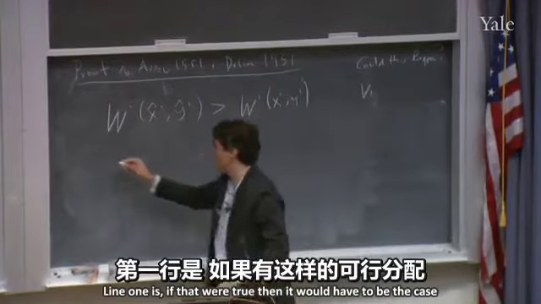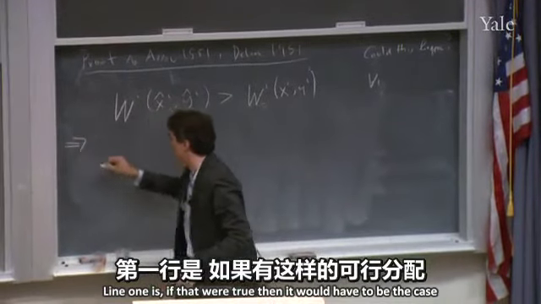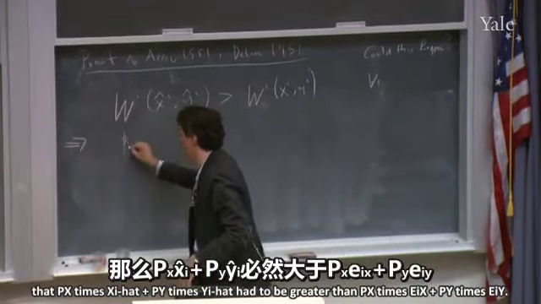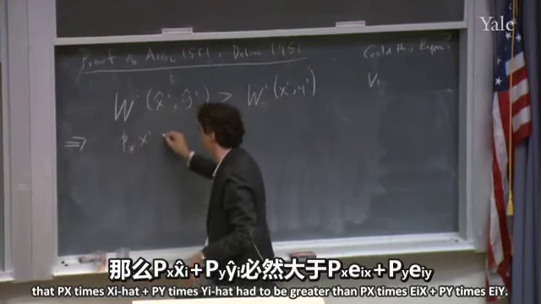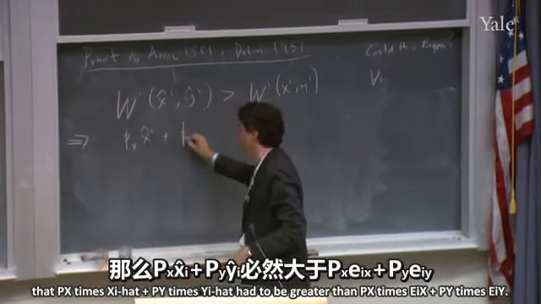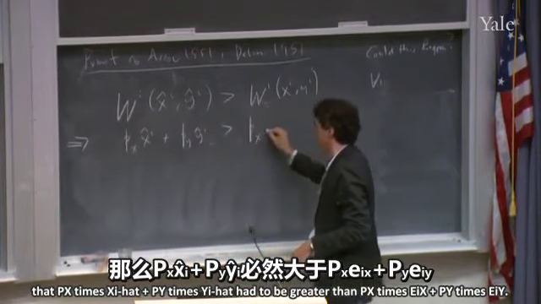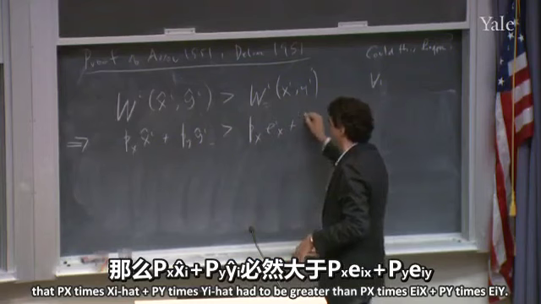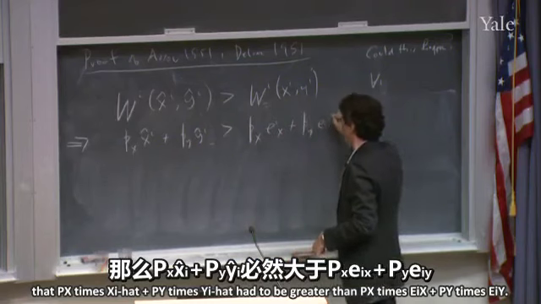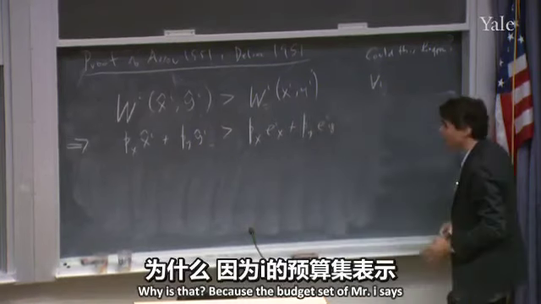Line 1 is, if that were true, then it would have to be the case that Px times X hat i plus Py times Y hat i is greater than Px times Eix plus Py times Eiy. Why is that?